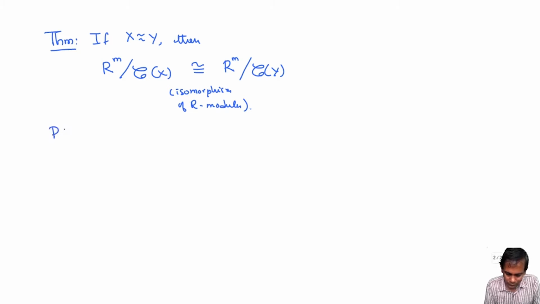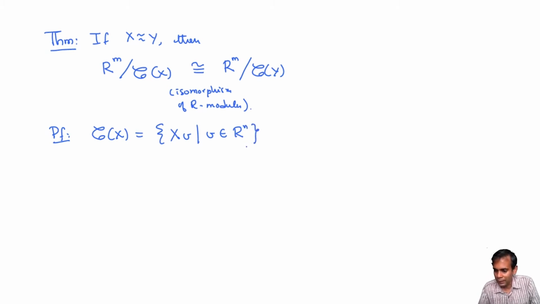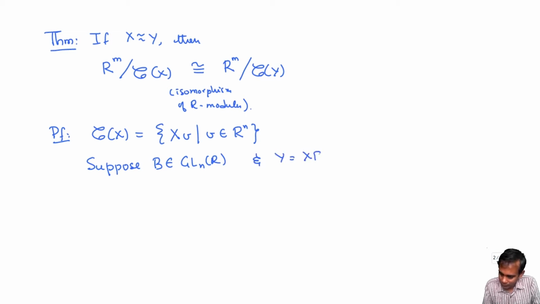So how do you prove this? Recall, what is the column space of the matrix X? The column space of X is nothing but all vectors of the form X times v, where v is a column vector in R^n, if X is an m by n matrix. Now suppose B belongs to GL_n(R) and Y is equal to XB.